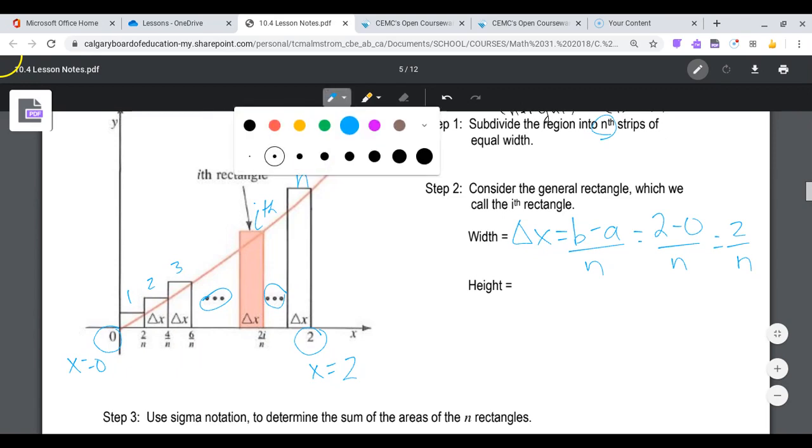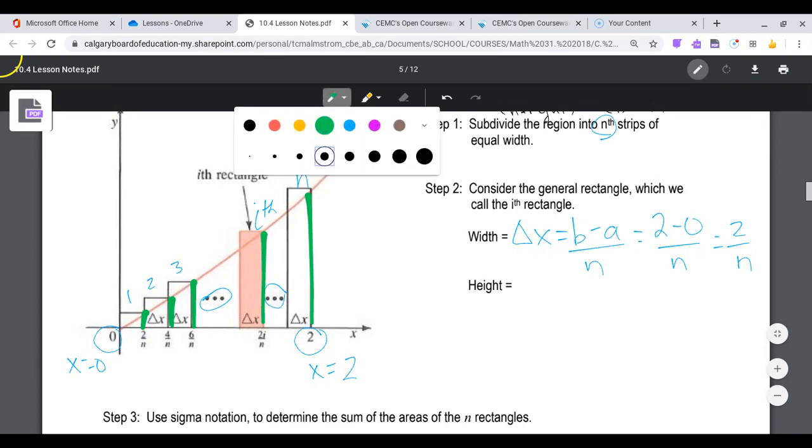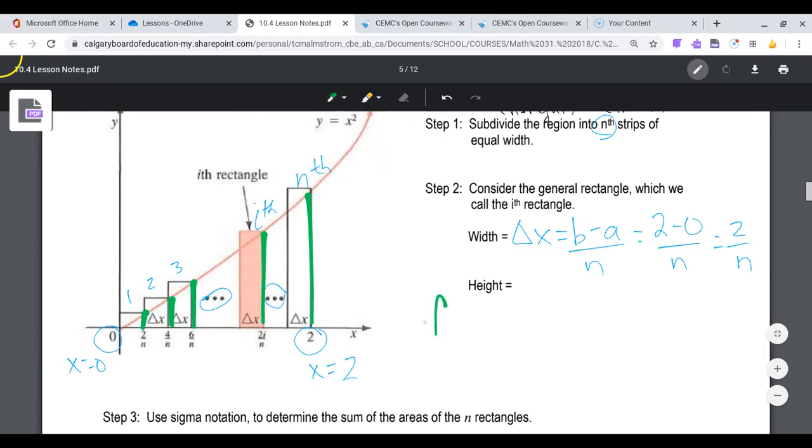And the height of my rectangles, okay, so all of these heights that I have to come up with a formula for, we need that to be represented as f of a plus the ith width.